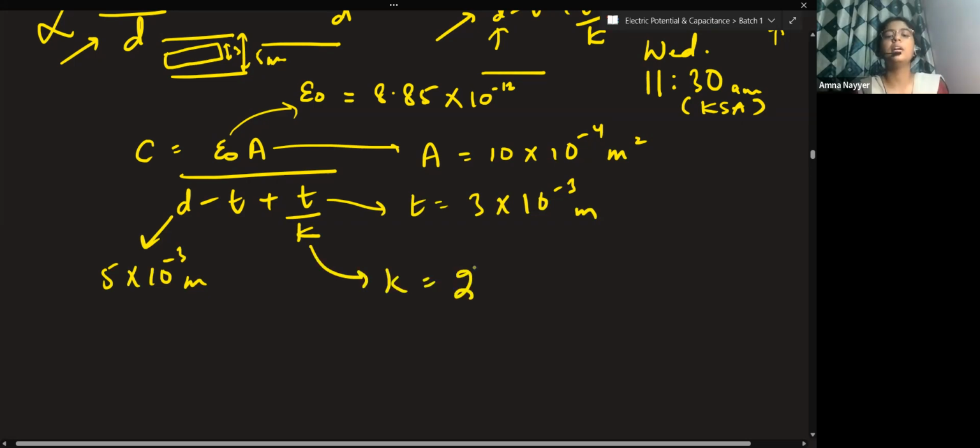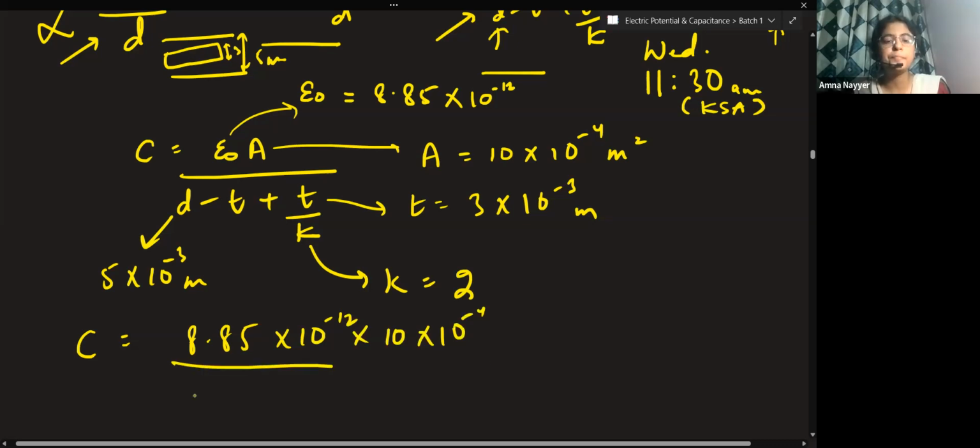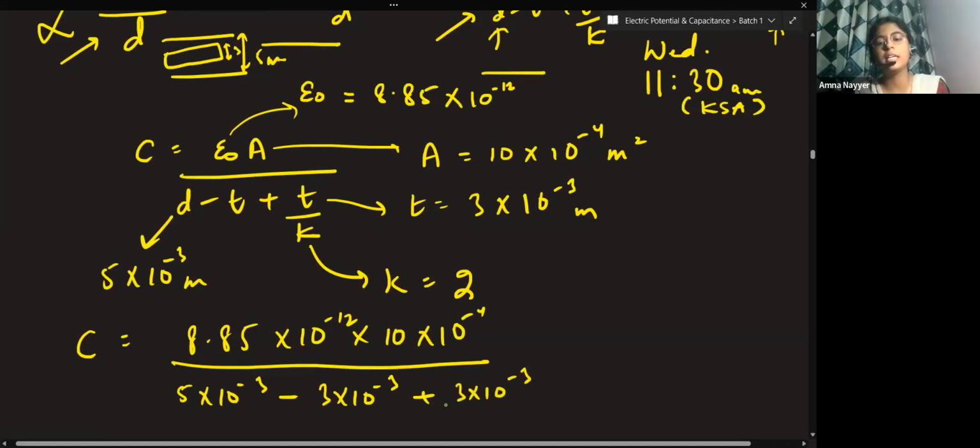So in this formula, when you put everything, this will be 8.85 into 10 to the power minus 12 multiplied by area, divided by 5 into 10 to the power minus 3 minus 3 into 10 to the power minus 3 plus 3 into 10 to the power minus 3 divided by 2. This much farad.